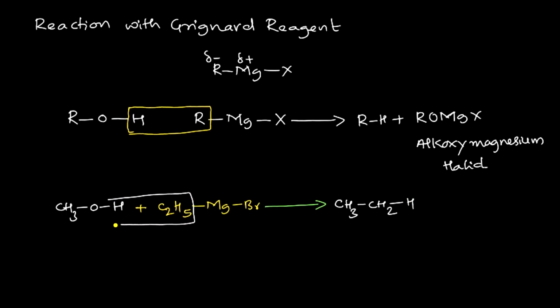This is how the reaction takes place. We get C2H6, along with that we get CH3O Mg Br, methoxy magnesium bromide. So here the ethyl group is converting into ethane. We'll see the mechanism of how the reaction takes place.